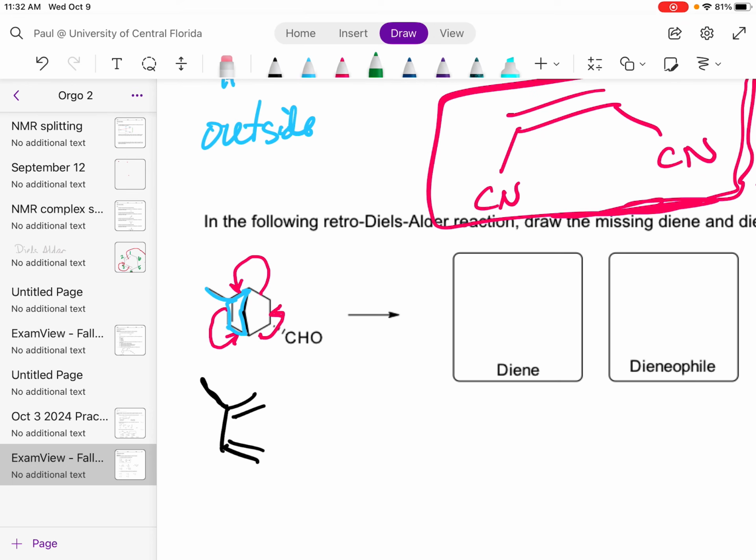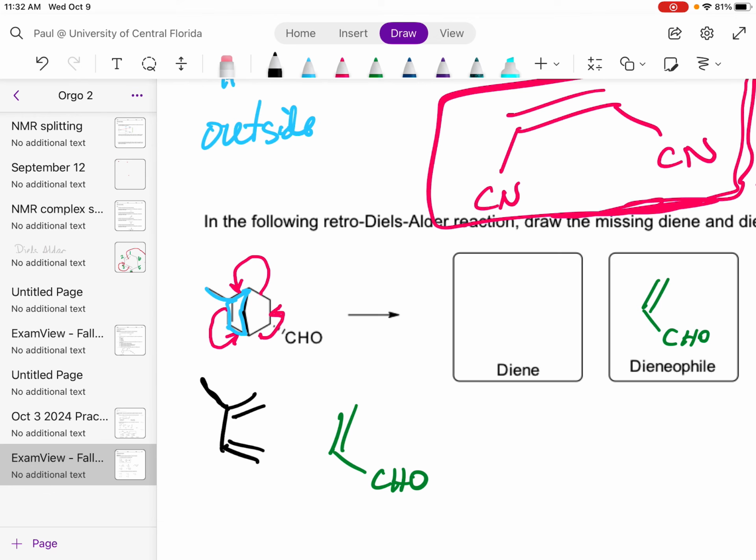And then in green, we need to account for this and that. And so if we take a look at that, then that would mean we have a double bond there and then a CHO. So our dienophile is that guy.